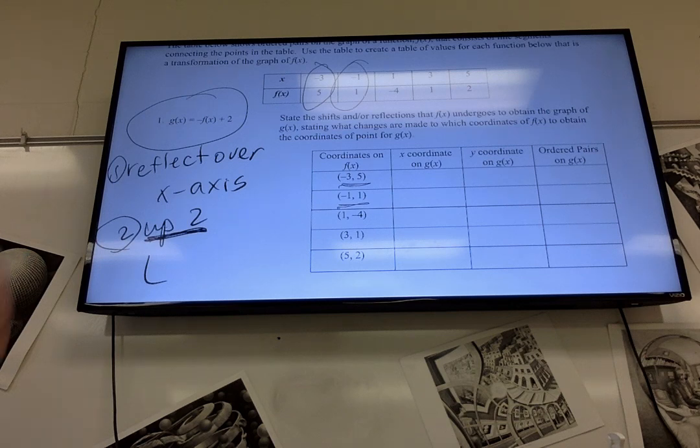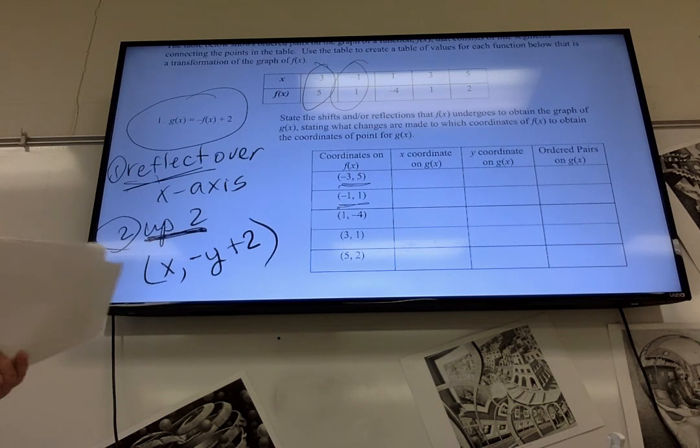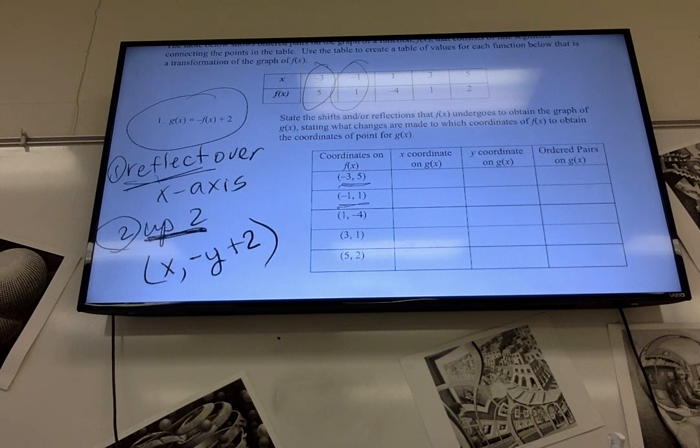Why? Because y is up and down. X is right and left. So the y is going to be adding 2. So x hasn't been changed. But the y has, the sign's been changed because it's been reflected. And we add 2. So that's like our formula that we figure out from these 2 transformations.